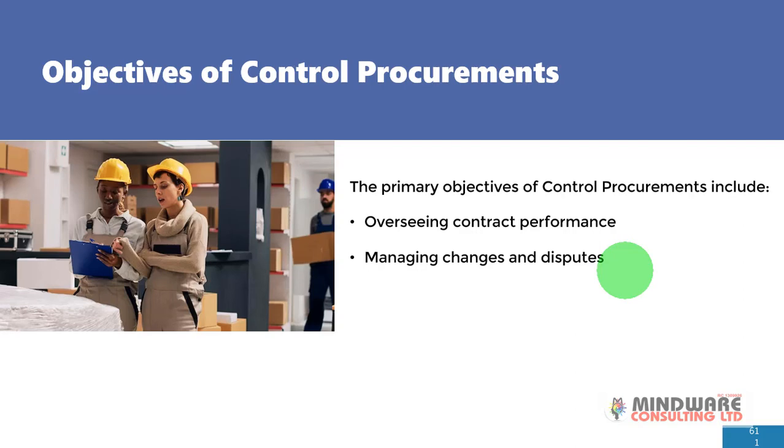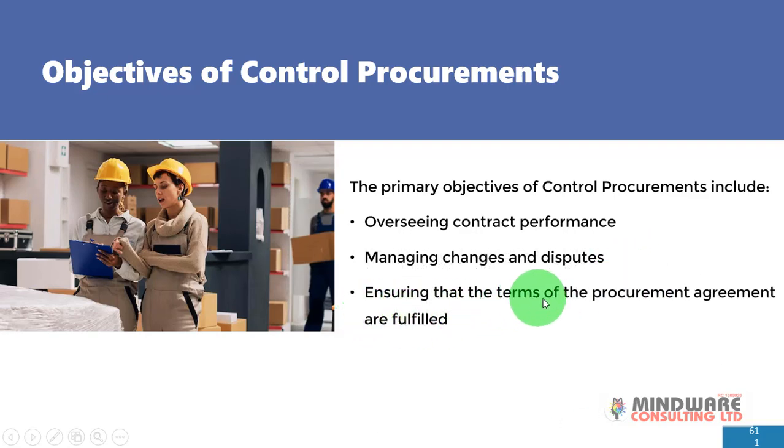And if peradventure any dispute or disagreement arises, they are properly managed and of course resolved. Thirdly, ensuring that the terms of the procurement agreement are fulfilled. We have terms, we have agreements. Control procurement tends to ensure that those terms and agreements are fulfilled and everyone is happy.